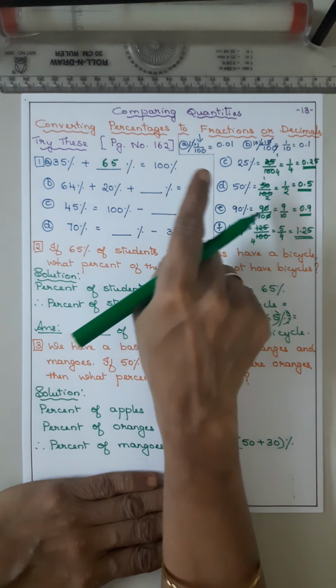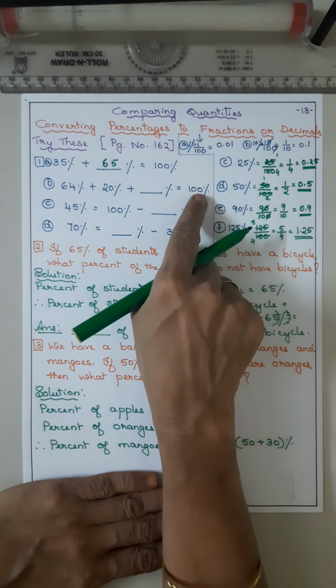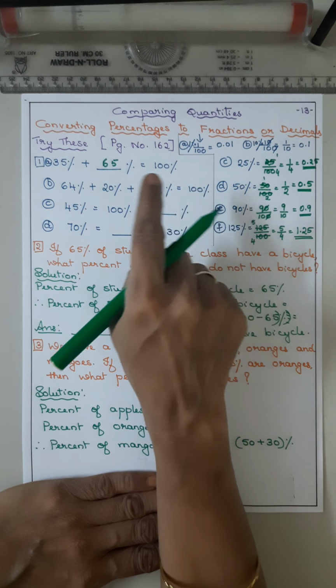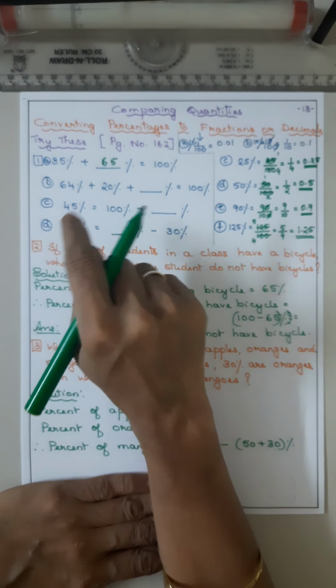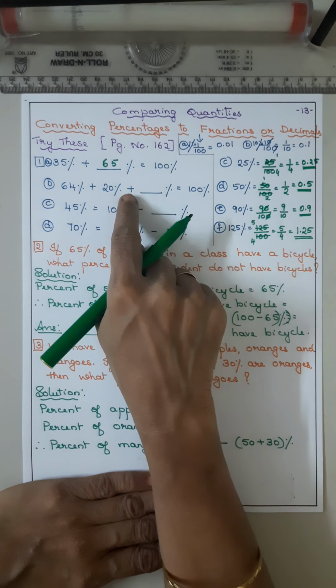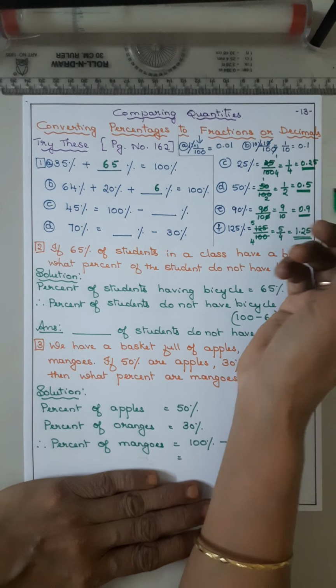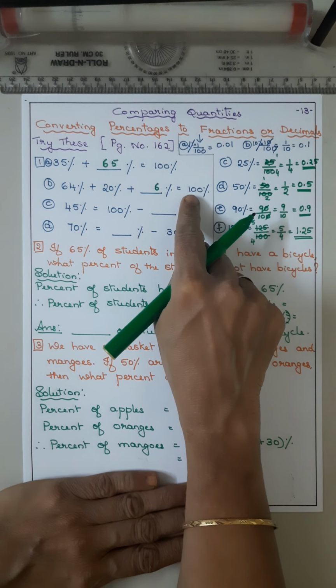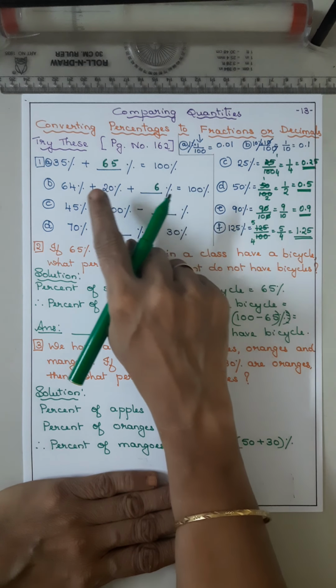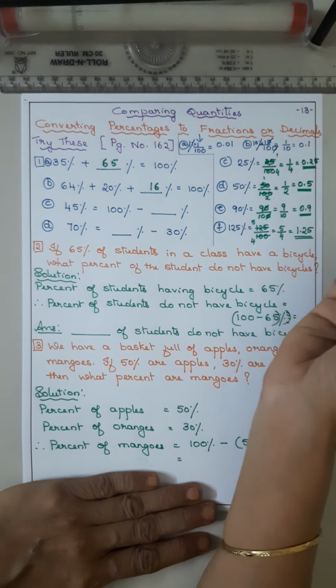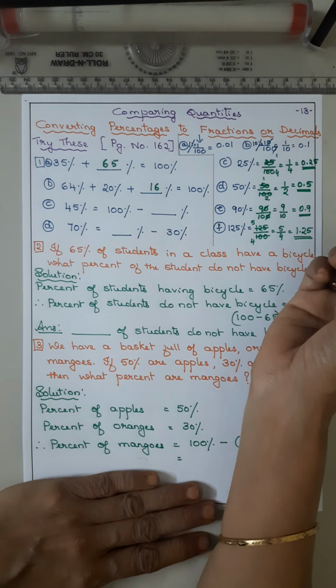So 84 should be subtracted from 100. 10 minus 4 is 6. So here 9 is remaining. 9 minus 8 is 1. So you got how much?